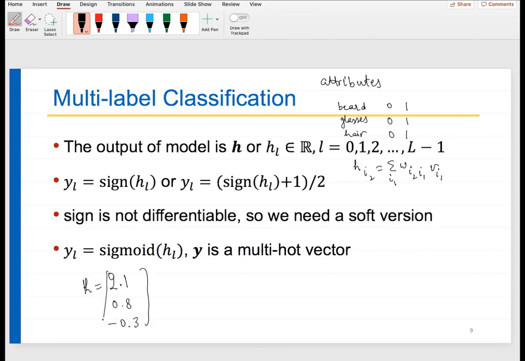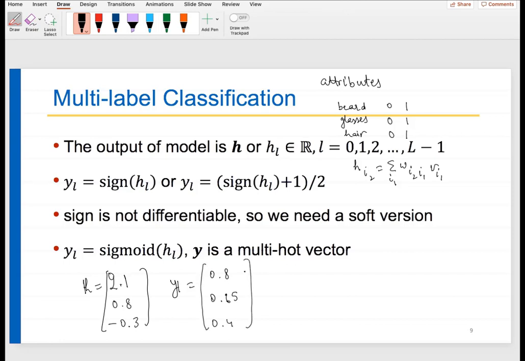So how will the y look like? The y will be like 1 upon 1 plus e to the power minus 2.1, something close to 1, right? Maybe, I'm not sure, maybe 0.8. And this one could be, let's say, 0.7 or 0.65, I don't know. And this one will be negative, so let's say less than 0.5, maybe 0.4, right?